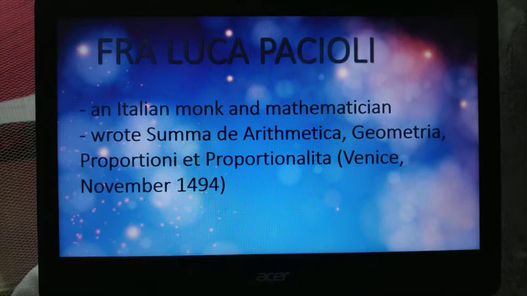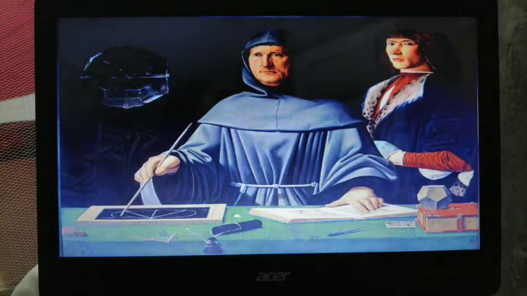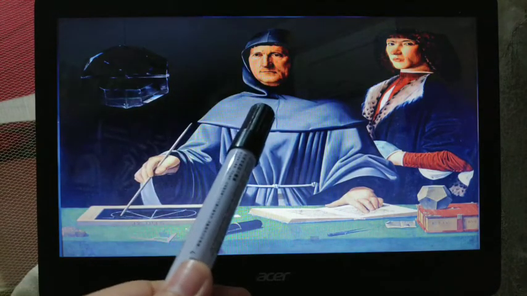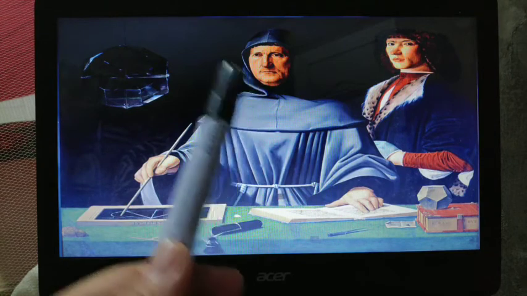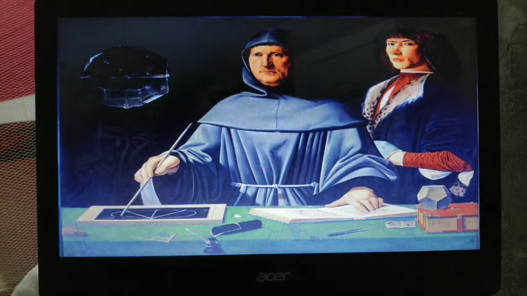He is Fra Luca Pacioli. Fra Luca Pacioli is considered the father of modern accounting. This man sitting here is Fra Luca Pacioli. He is the founder of whatever accounting we have today. Everything we need to know about accounting came from him.